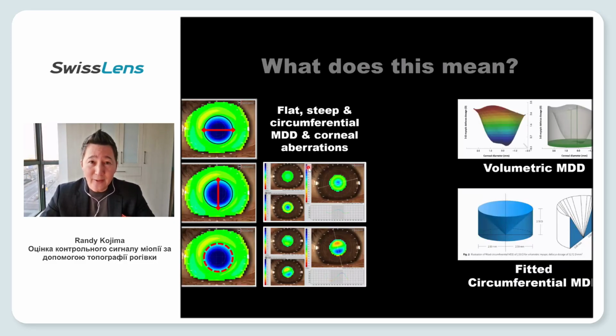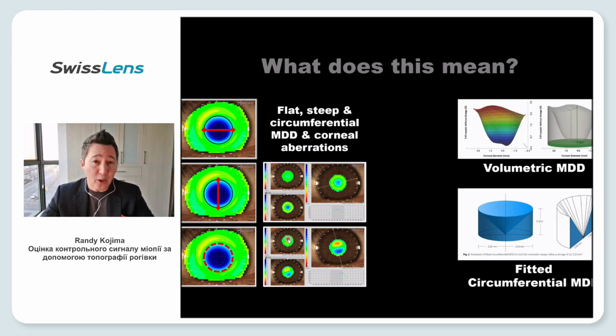So taking a look at what our topographer can tell us, we can get some indication from the myopia defocus dosage, the MDD of the flat, the steep, the circumferential, and the HOA. It can provide some weak signal. It's not profoundly strong enough or significant enough to tell us the whole story.